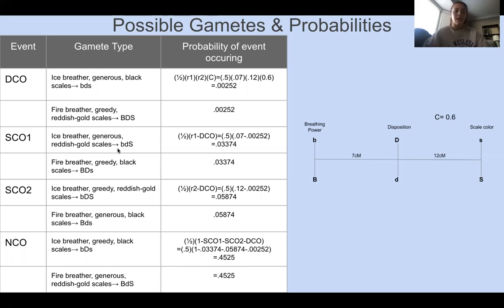Then to get the SCO1 values, you would do 1/2, because the 2 possibilities, times the R1 value minus the value we just got above, the DCO, and that would come out to be 0.03374, which would represent getting an ice-breathing dragon that's generous with reddish gold scales, or a fire-breathing dragon that is greedy with black scales.